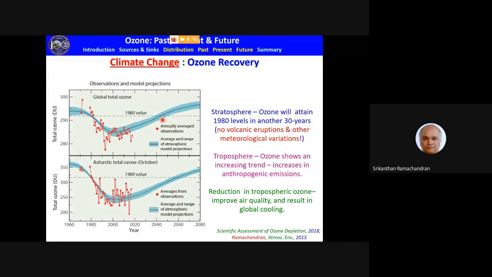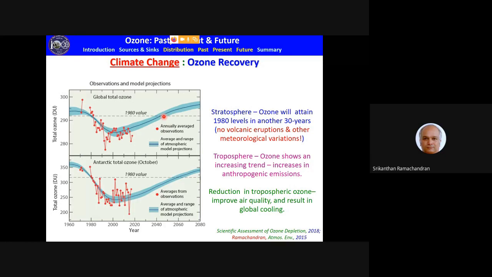It will take another 30, 40 years actually. Now that is a projection, or a prediction, provided no volcanic eruptions. For example, we saw that just after Mount Pinatubo, the depletion deepened or increased, and didn't come back to the levels that were seen earlier for about 2 to 3 years.